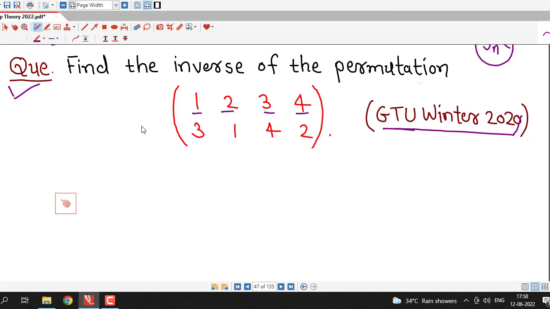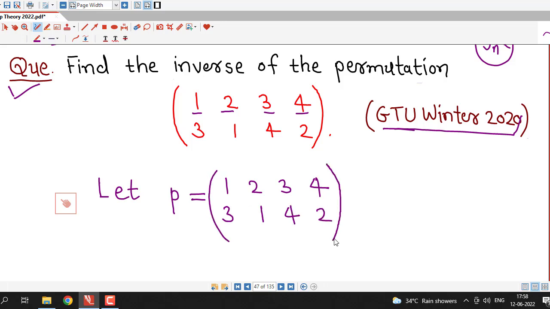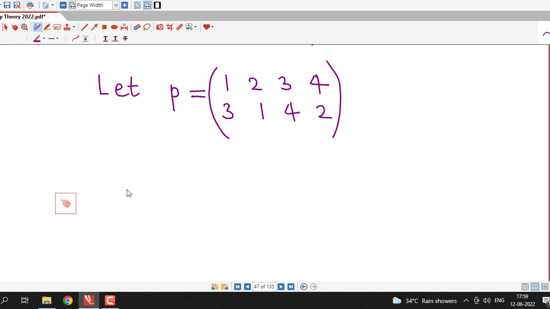Here we will focus on how to find out inverse of this permutation. So first we denote given permutation by small p. Let small p is denoted by 1, 2, 3, 4, 3, 1, 4, 2. And we want to find out another permutation which is inverse of this permutation. So we suppose that inverse of this permutation is q.